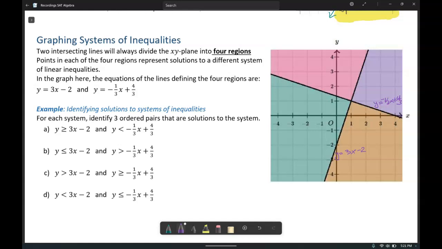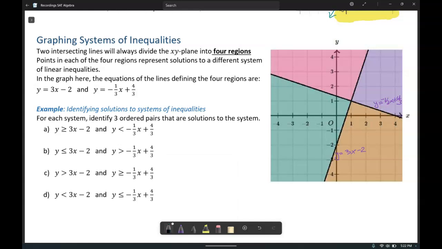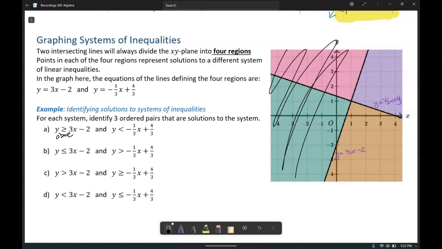Identify 3 ordered pairs that are solutions to the given system. What we're going to do is look at each line and see where the shading is going to take place, and we can identify some points. When we look at our first one, we have shading above the line on our 3x minus 2. So any shading in this region here above the line.